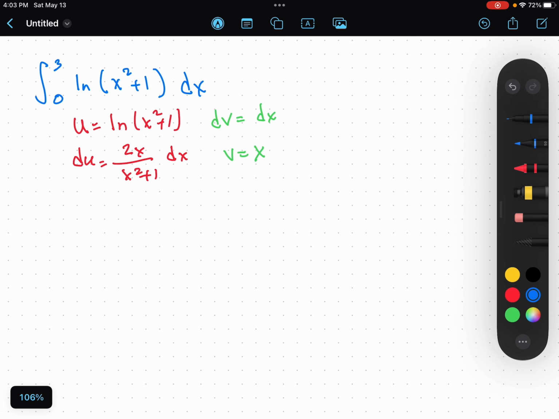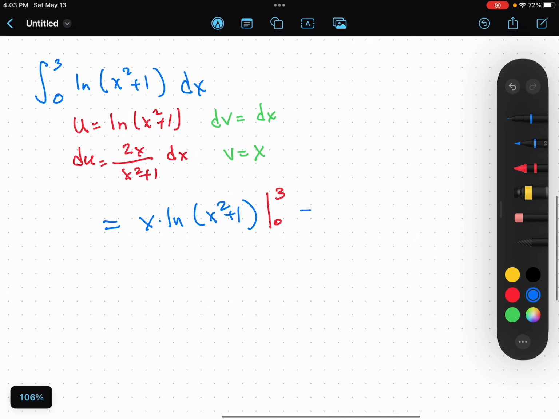So using our integration by parts formula, the right side of the equation will be uv, so x times natural log of x squared plus 1. Remember, this is a definite integral, so I'm going to evaluate this from 0 to 3 when we get to it, minus the integral, again from 0 to 3, of v du.